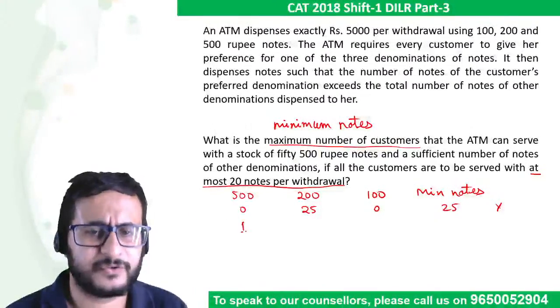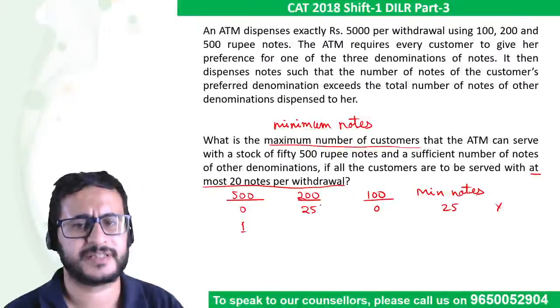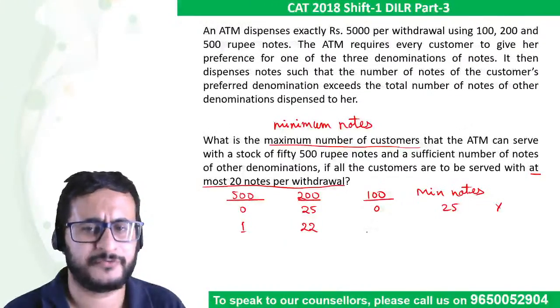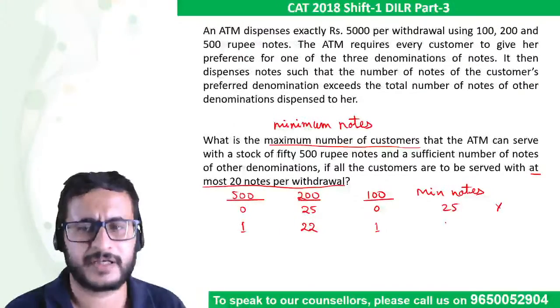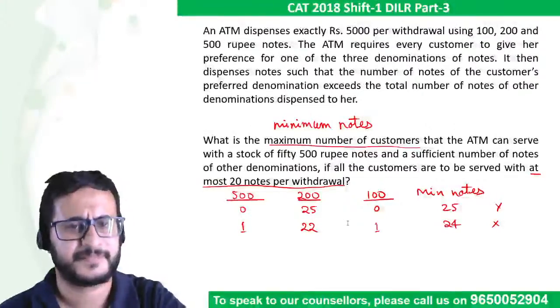If I have one note of 500, I have to dispense 4,500 rupees. So how can I minimize it? I'll give 22, that is 4,400, and then again one note of this, so it will again require 24 notes, which is not feasible.